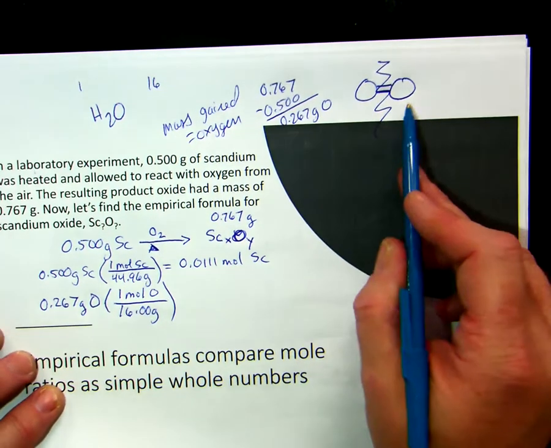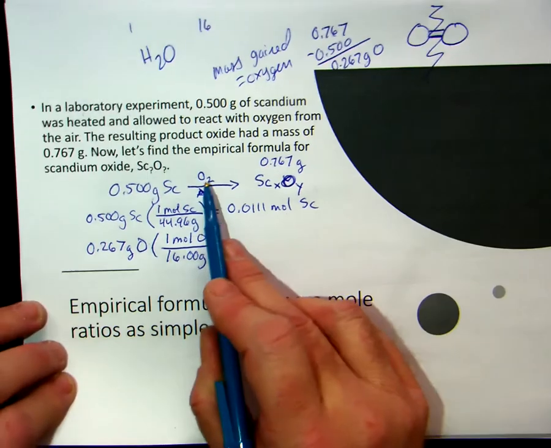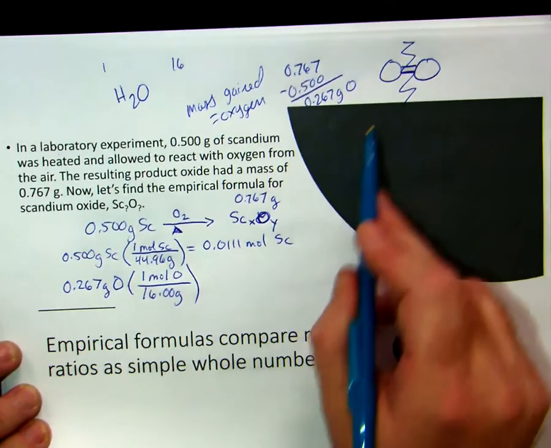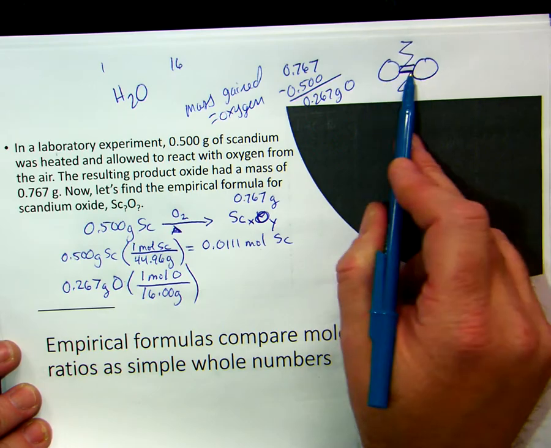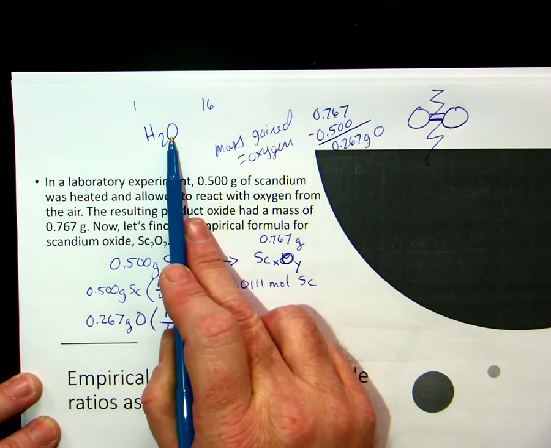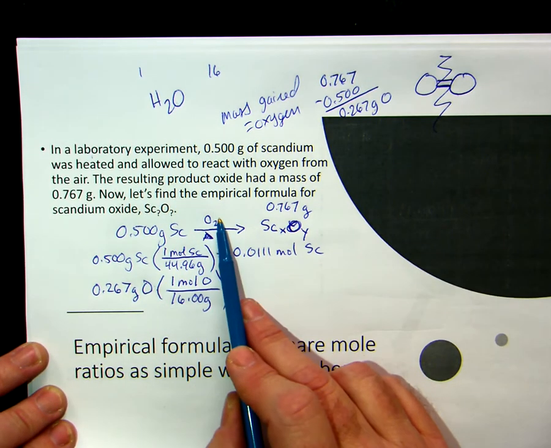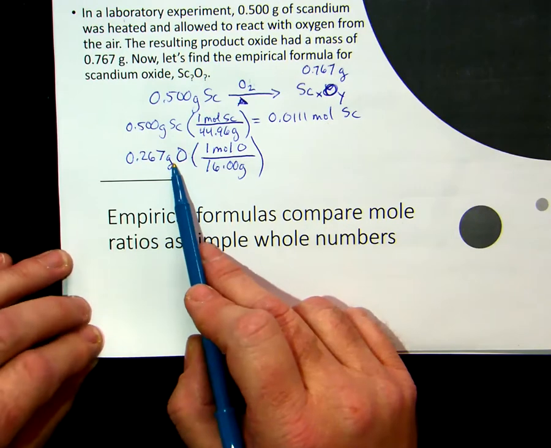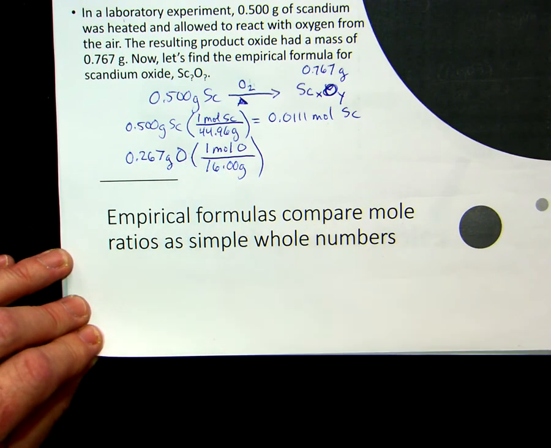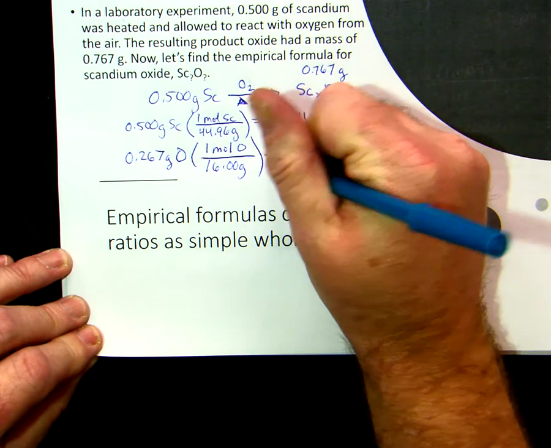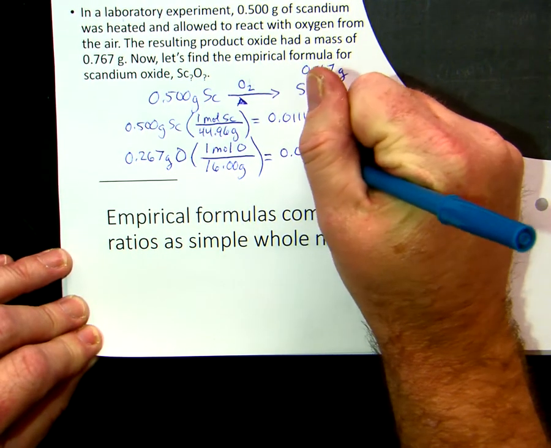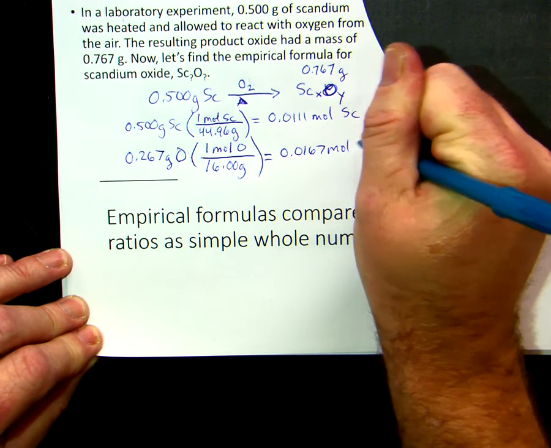So yes, elemental oxygen as it started out is O2. But when it's part of a compound, there are individual oxygen atoms in that compound, just like we have an individual oxygen in water. So if it's O2 by itself, it's 32 grams per mole. If it's part of a compound, we're just talking about oxygen in general, and it's 16 grams per mole. But regardless, when we calculate the moles of oxygen, we get that.